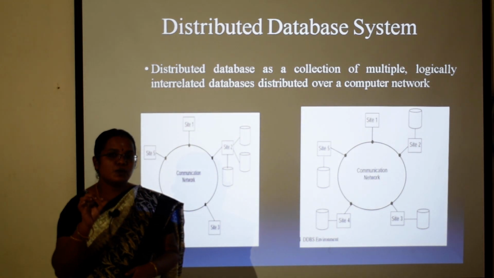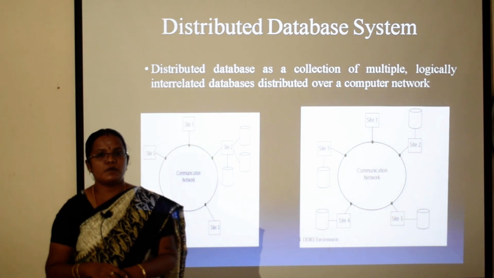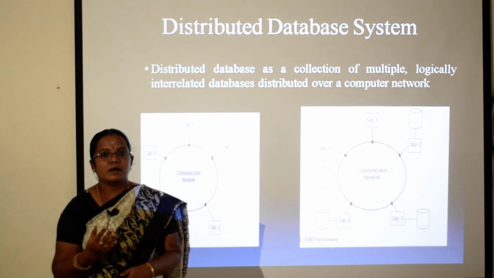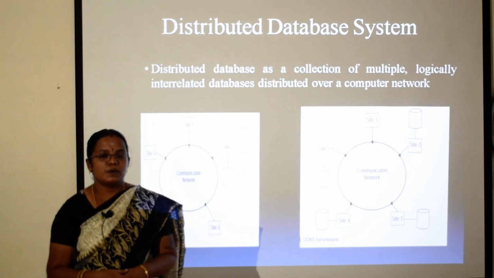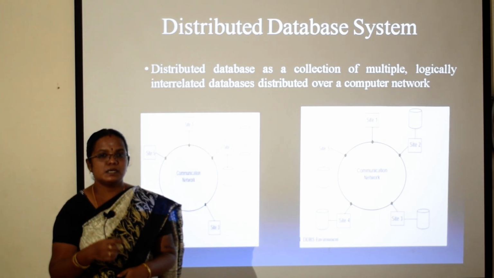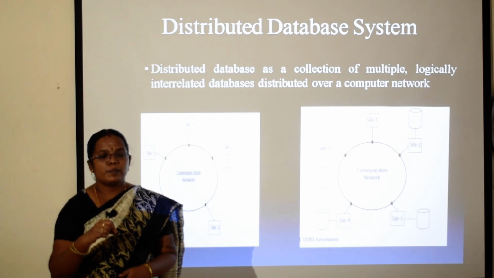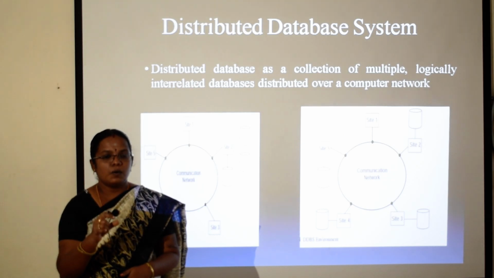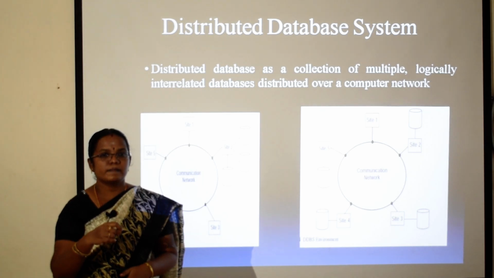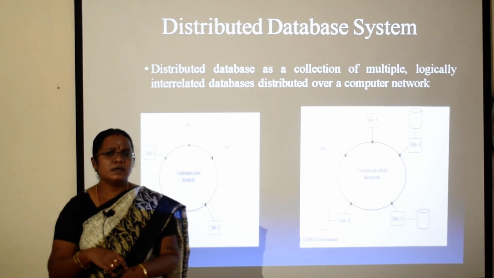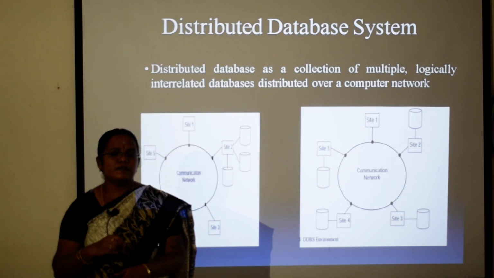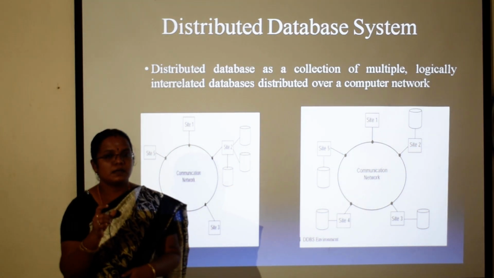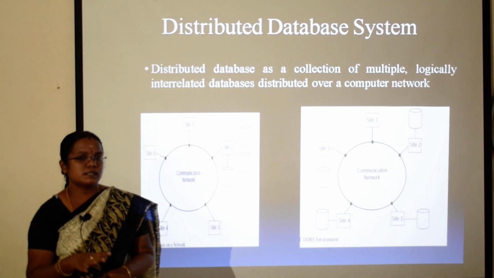The data may be stored at some system in the form of a database and the user may request the data by means of a query. If a user posts a query, how will that query be executed and how will the data be sent to the user from the database where it has been stored? These things we are going to discuss today.